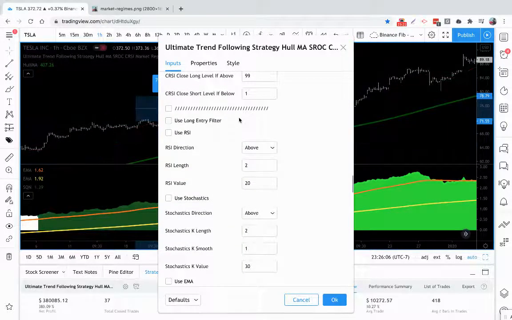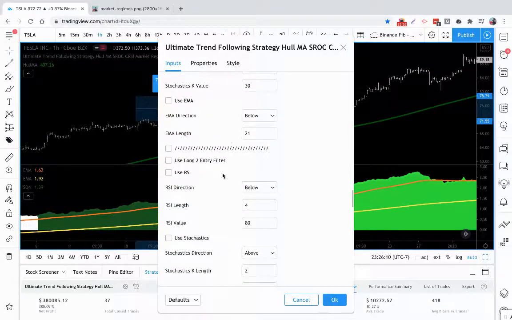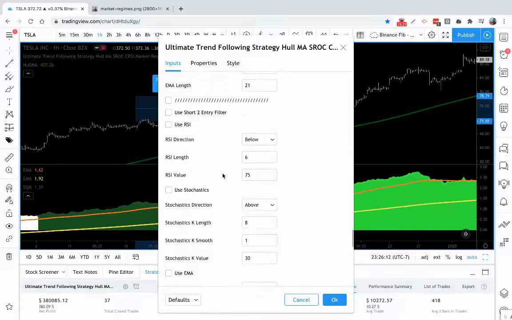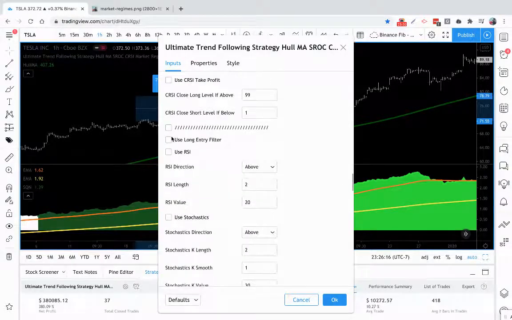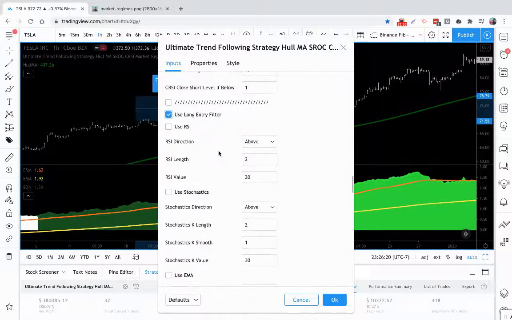Now we have long and short entry filters. We have two long entry filters. We have two short entry filters. And the way these work is, let's say you want to use a long entry filter, you have to click on use long entry filter.